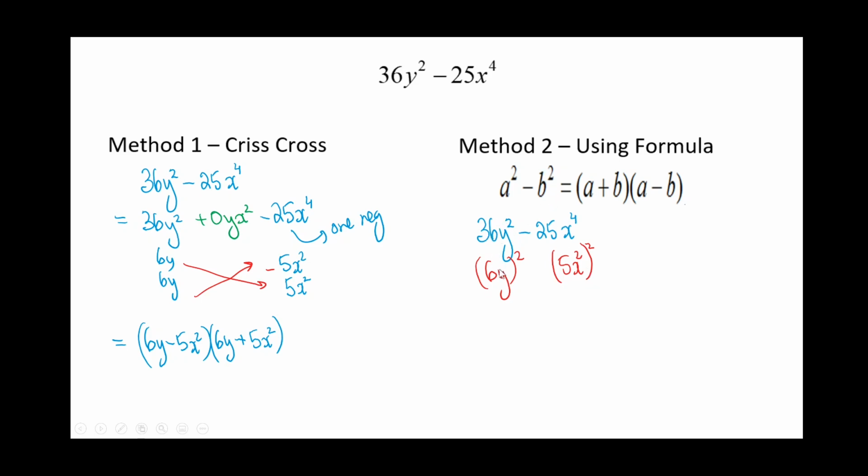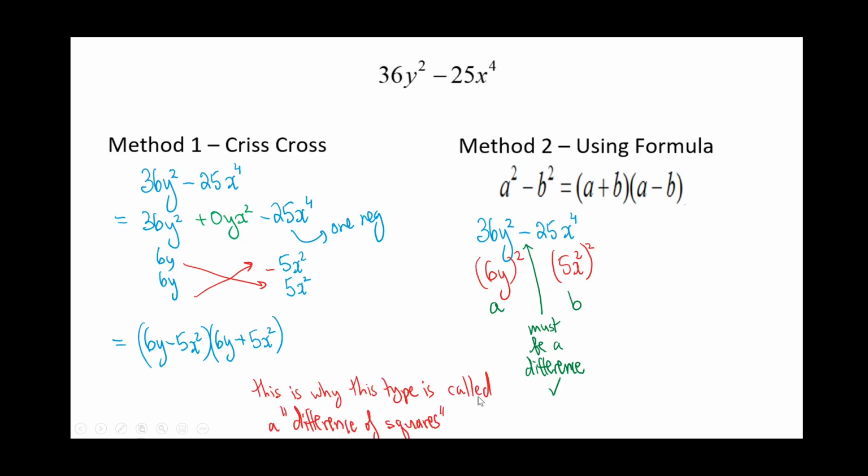So the first term is 6y all squared, which gives us 36y squared. The second term is 5x squared all squared, which gives us this original. So a would be just the 6y, b would be the 5x squared, and then you have to check that you have a difference. If it's not a difference, it doesn't work. We do have a difference.